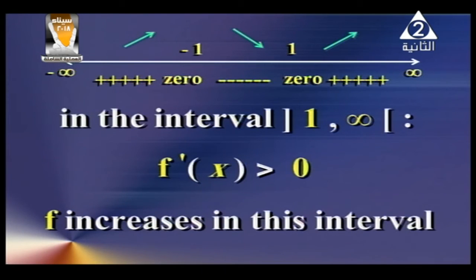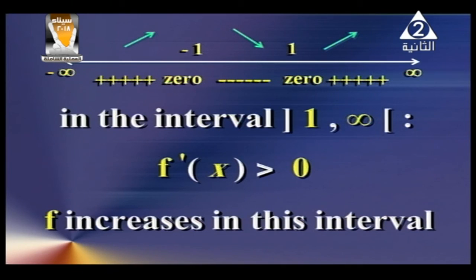By the same method, we have three cases. The first, from negative infinity to negative 1: the function increases, because f'(x) is more than 0. The second interval, from negative 1 to 1: we find f'(x) smaller than 0, so the function decreases.